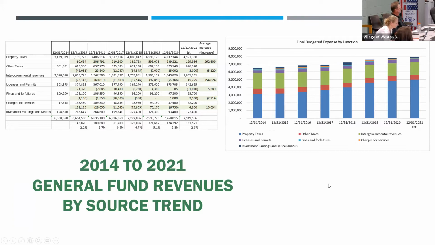Which does not give us much hope in the future when our property taxes are going to be limited and we can't really gain revenue from anywhere else. There are no other revenue sources unless we have a new fee or new license and permits that we want to collect. Those numbers really aren't changing much.